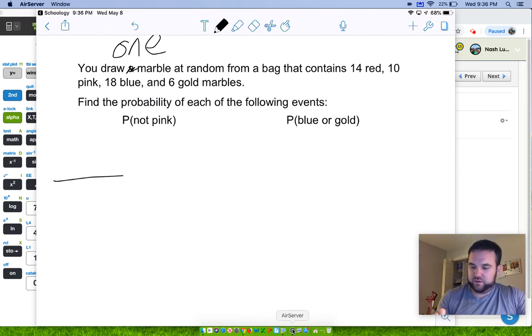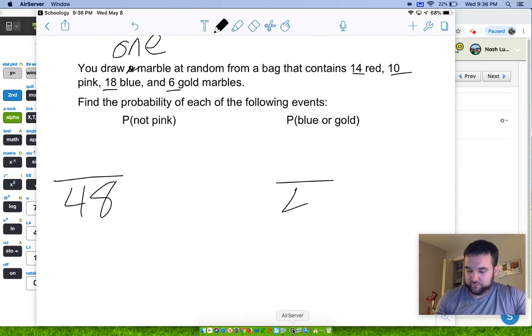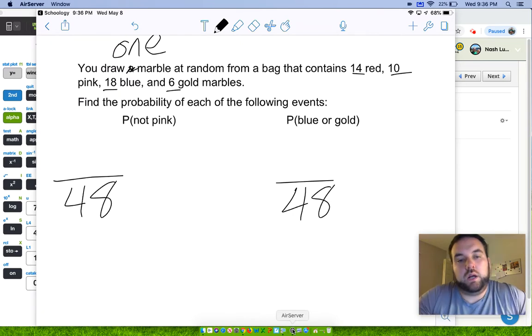Well, the first thing I need to do is add all these up. I need to add the 14, the 10, the 18, and the 6. That's 48. So there are 48 marbles in this bag.